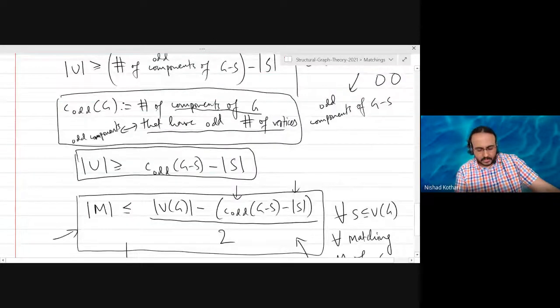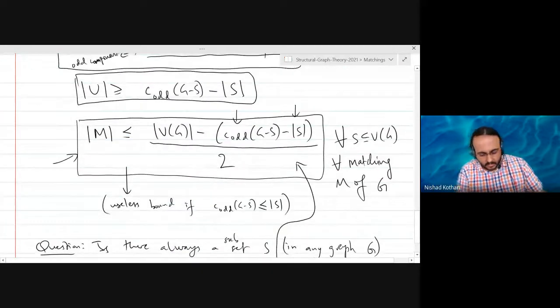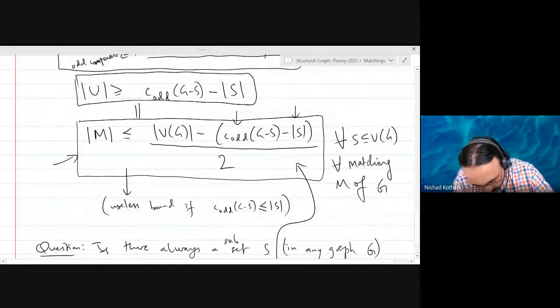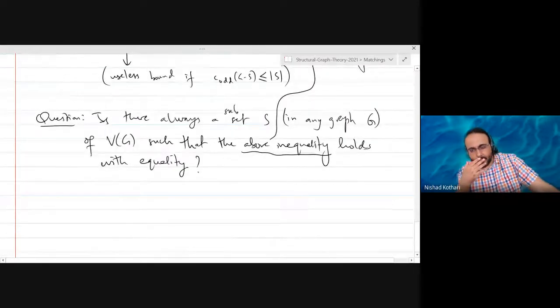Which of course is the same as the inequality above it, but then you are looking at the exposed vertices. So you can think of it in two different ways. So these are equivalent. And the answer to this is yes.